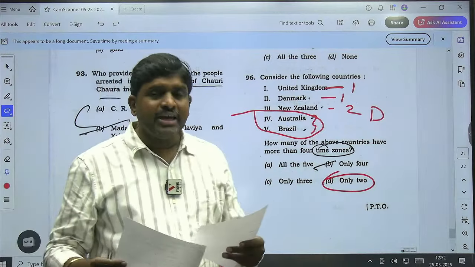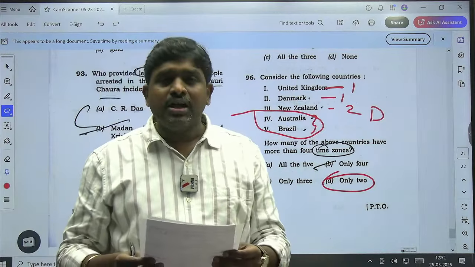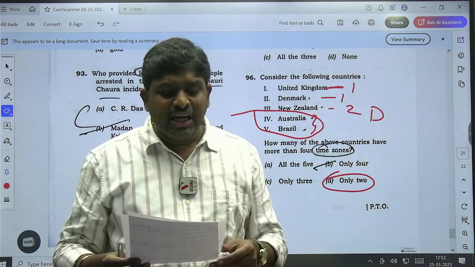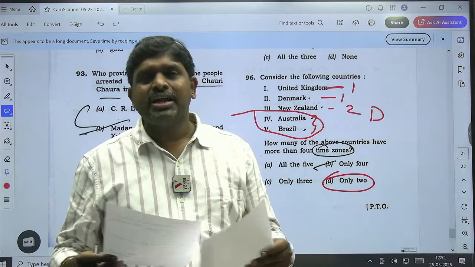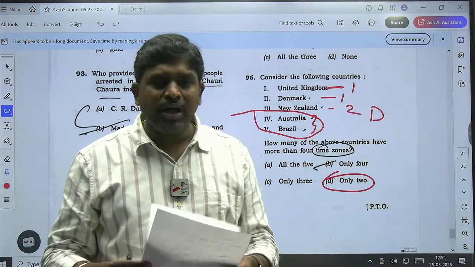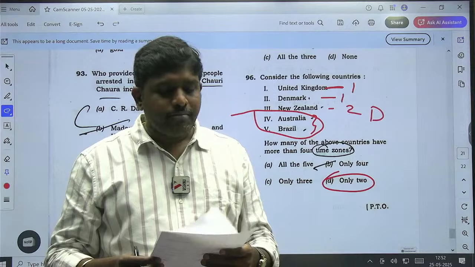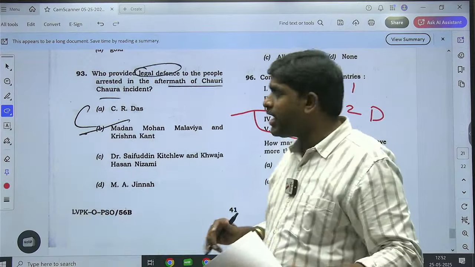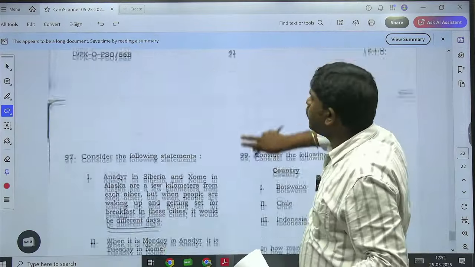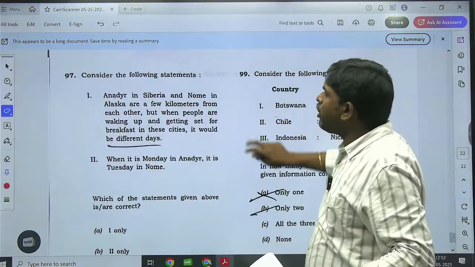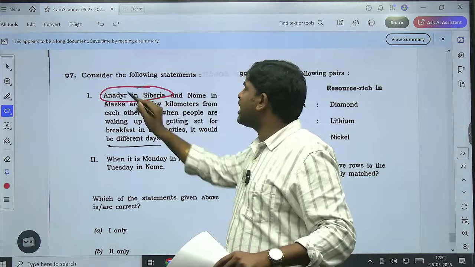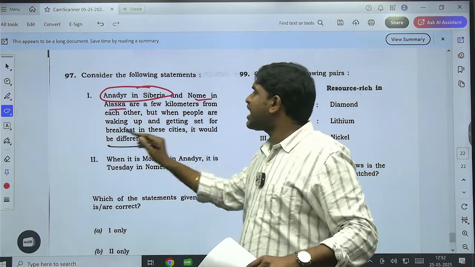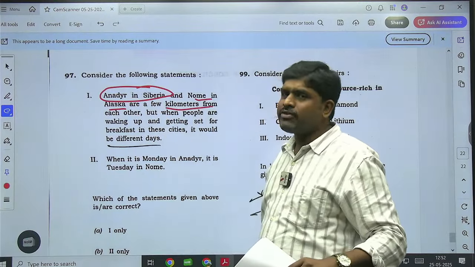So again I am repeating, set B: number 1 C, number 2 D, number 3 C, number 4 C, number 5 C, and coming to the 96, it is D, only 2, that is Australia and Brazil. Then coming to 97, consider the following statements: Andhra in Siberia and Nome in Alaska are a few kilometers away from each other.